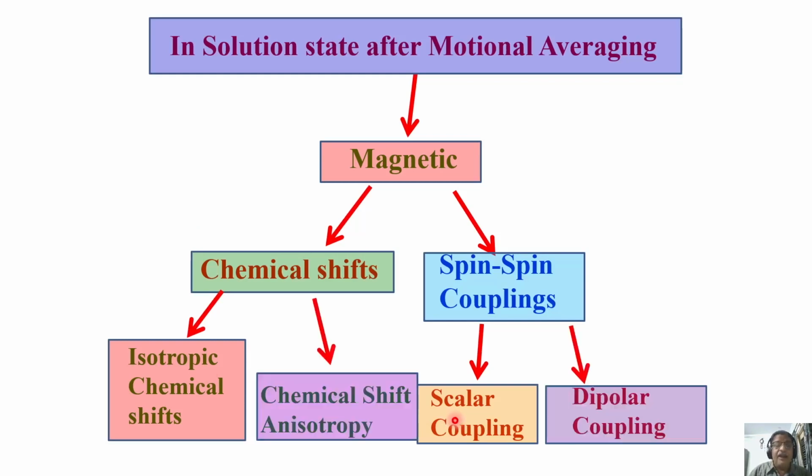Again, when I go to solid state NMR, maybe in the last one or two classes, I will briefly give you an idea, because it is not the aim of this course to give in-depth information about solid state NMR. I'll touch upon some of the principles and applications.